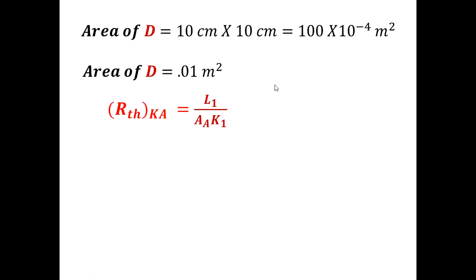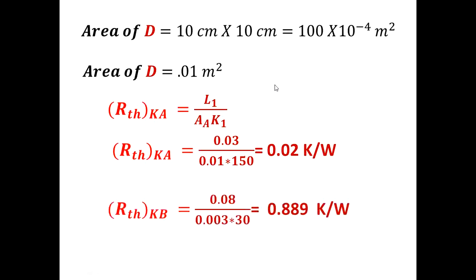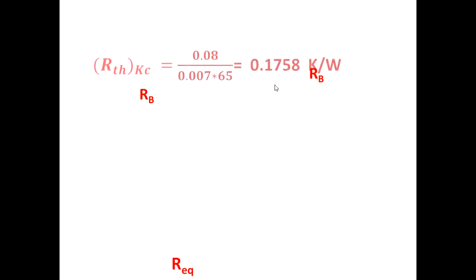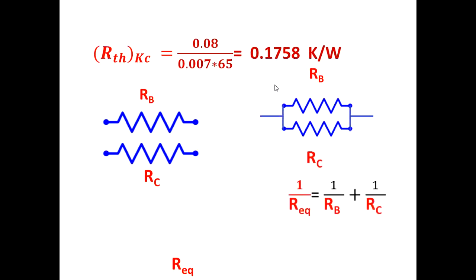You got the thermal resistance as L1 by K1 times area of A, and then the thermal resistance due to KB and due to KC. You got RB and RC, and the R equivalent, you know the formula, it will be like this.